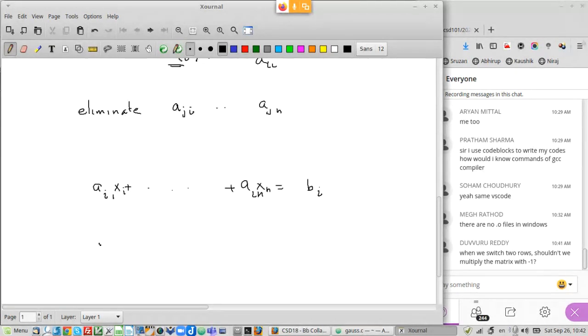Okay, similarly there's a jth row here. So aj1 x1 plus etc. till ajn xn equal to bj. Right? These are equations. Now, if I exchange this with this, how does it change the solution of the equations?